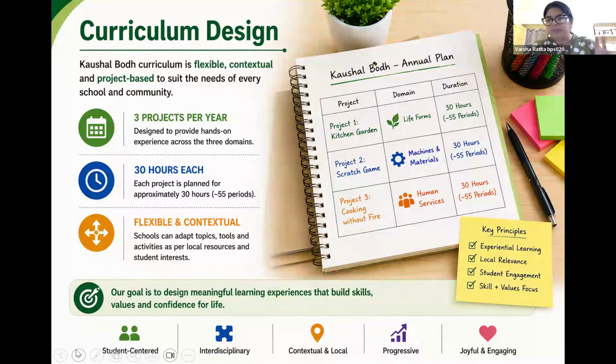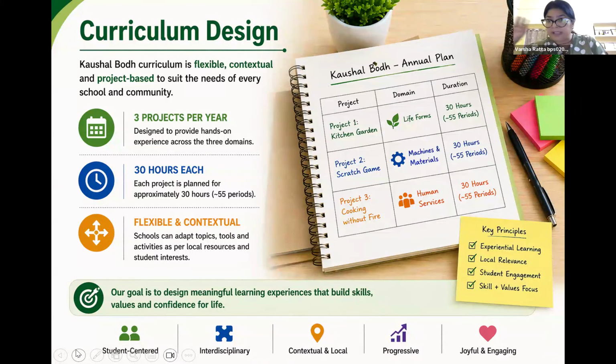Now, 3 projects a year. Again, I'm repeating, 3 projects a year for each class, right? Now, these projects are to be designed to provide hands-on experience in all 3 domains. I'm again repeating, you cannot miss any of the domains. All the 3 domains are important.